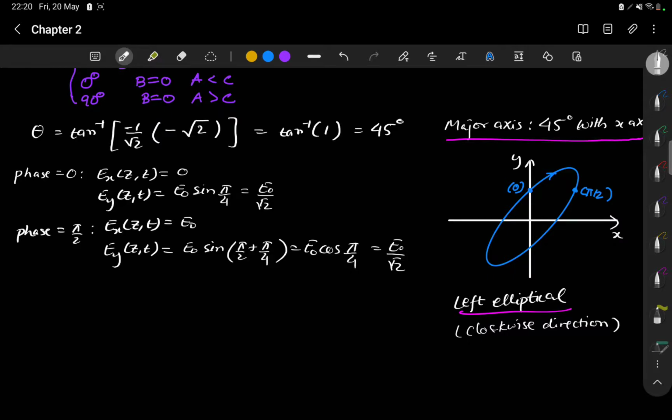So for finding out the ratio of the lengths of the major to the minor axis, we will see that the end point of the major axis would be somewhere over here, and that for the minor axis would be somewhere over here. So this is for the major axis, and this is for the minor axis.